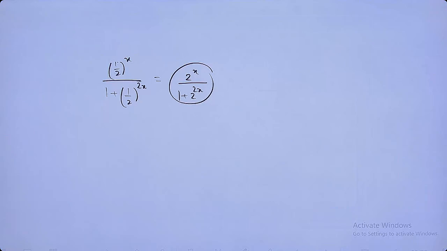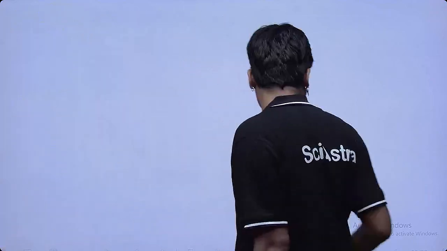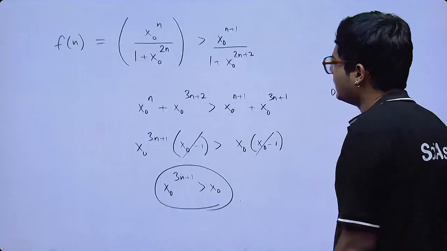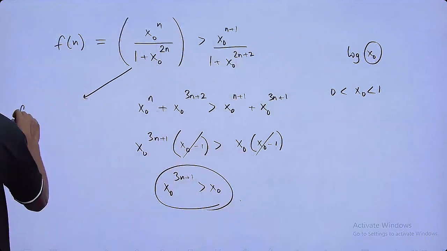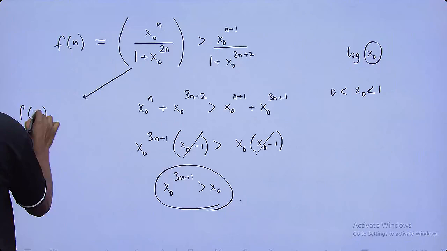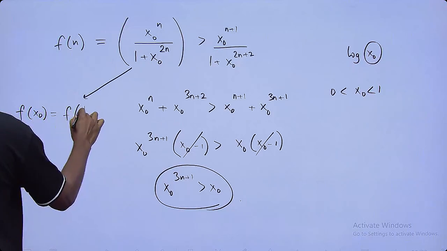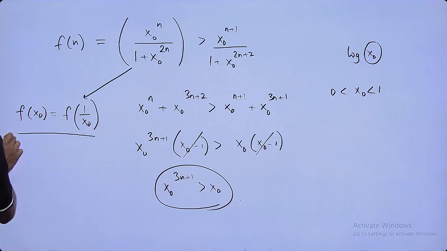Oh, wait. Can I use this argument for doing this? See, isn't f of x naught the same as f of 1 by x naught? When I replace x naught with 1 by x naught, I end up with the same thing, right? Yes or no?